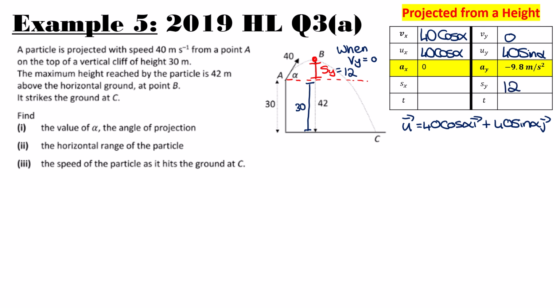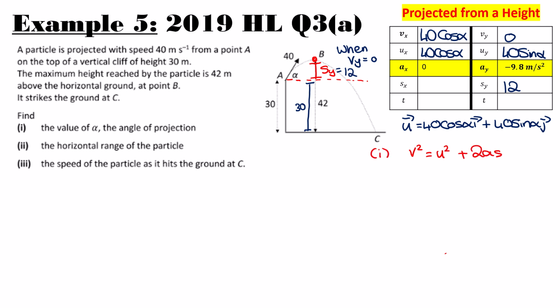So we're going to work in the y direction because that's what we have most information for. We're going to work with v squared equals u squared plus 2as. This is all for part 1.